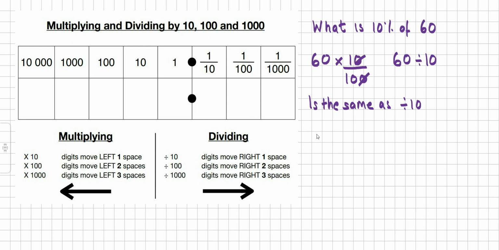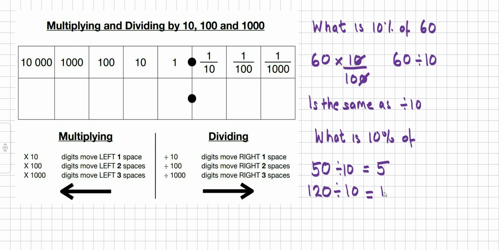And we can say, well, let's just do a few. What is 10% of, let's start with 50? And 10% of 50 would be 5. What is 10% of 120? So we could write this in, divide by 10 equals 5. Divide by 10 equals 12.